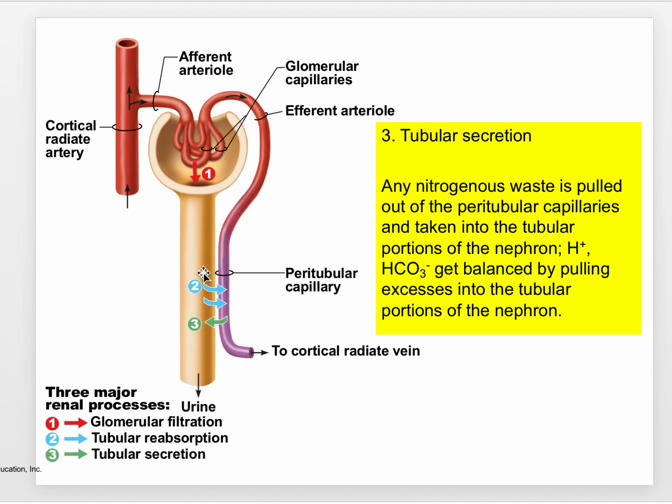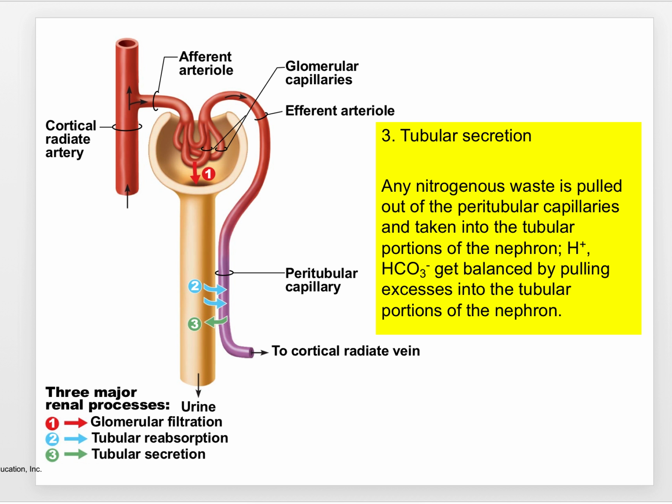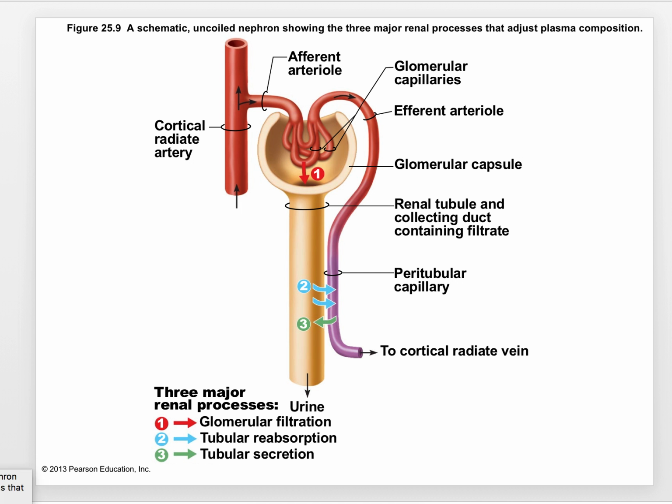So even though all this has been brought back from the tubes to the peritubular capillaries, there's also the ability to put back into the tubes things like potassium, hydrogen ions and bicarb to adjust acid-base balance, to fine-tune the acid-base balance, and that's what happens with tubular secretion. So here's all three of those processes shown together.